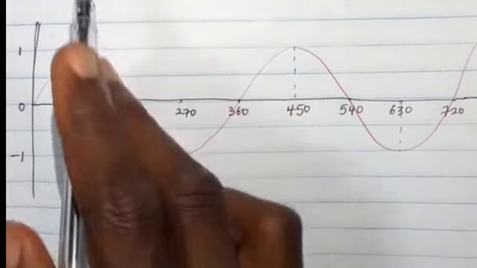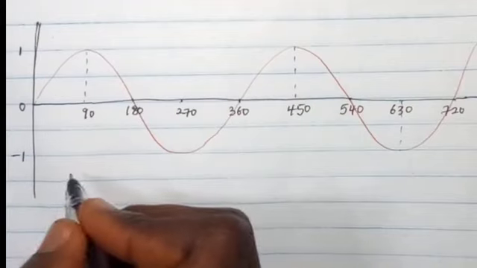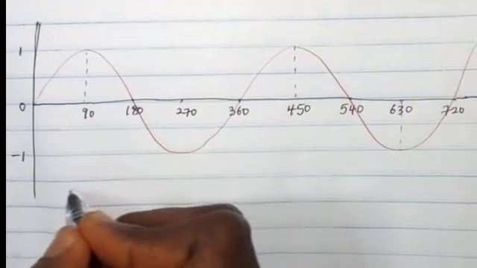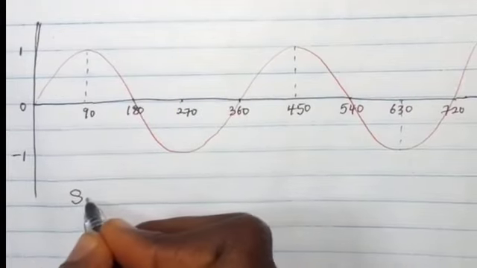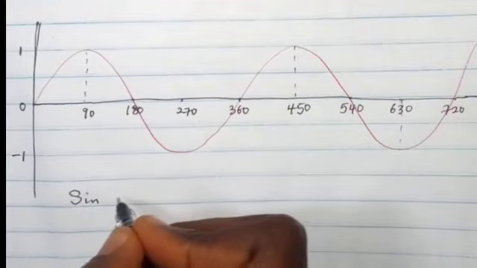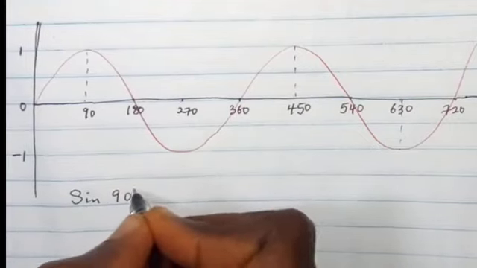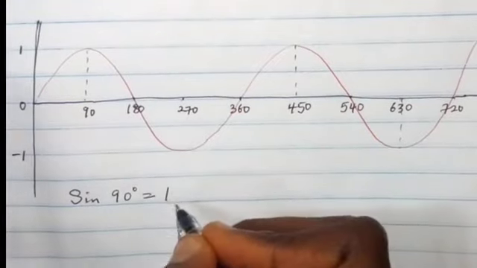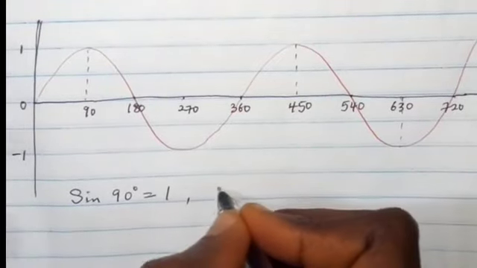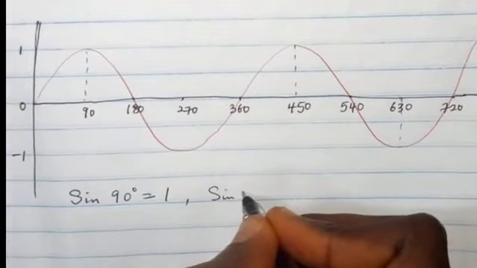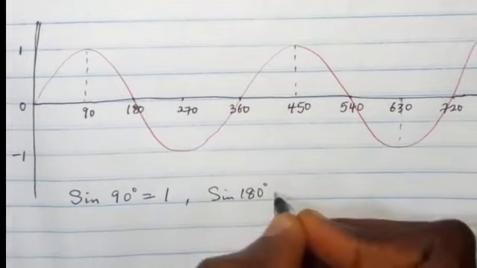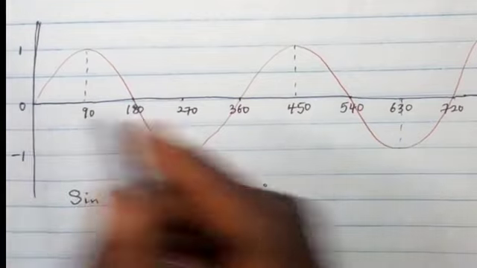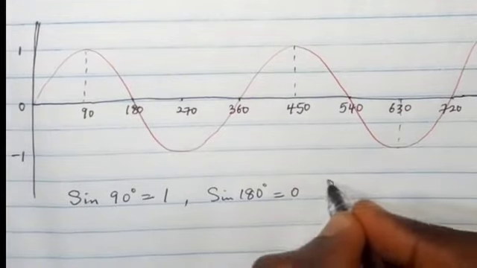So for sine 90 degree, we have sine 90 is equal to 1, and for sine 180 degree, we have 0 because it's on the line.